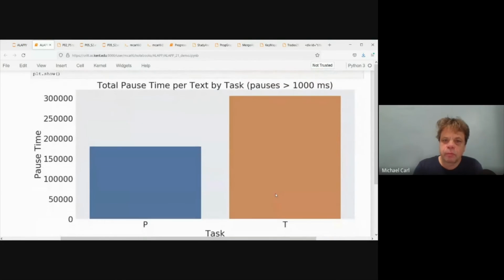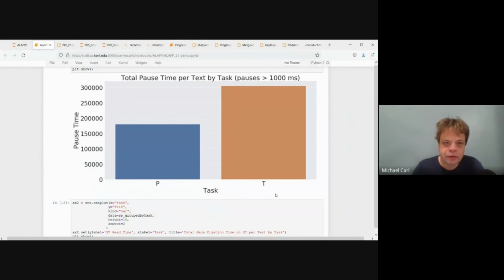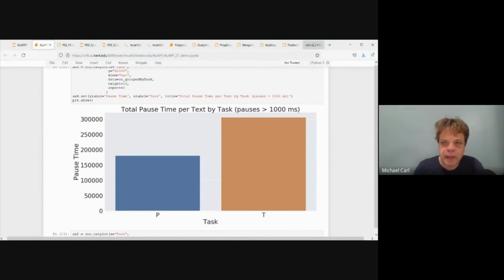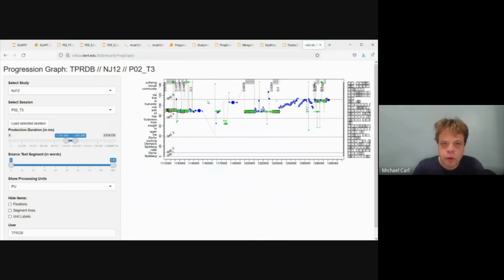Okay, so you may wonder why we would look into these things. If we look back at these graphs here, one of the interesting parameters in translation process research is the relation between pausing and typing.